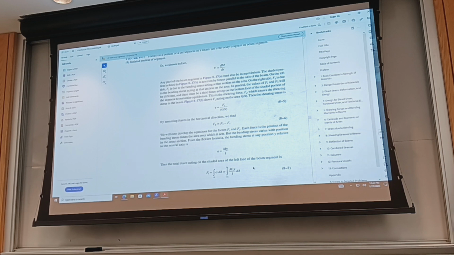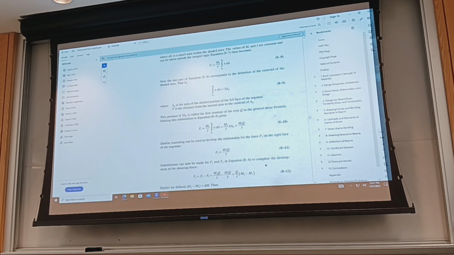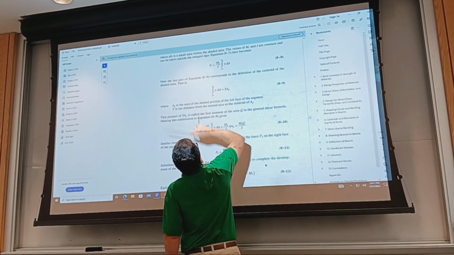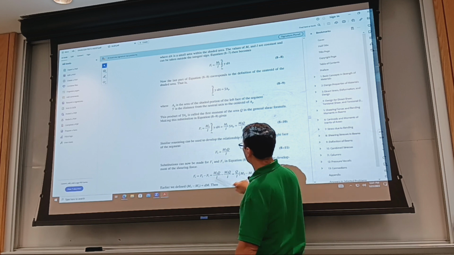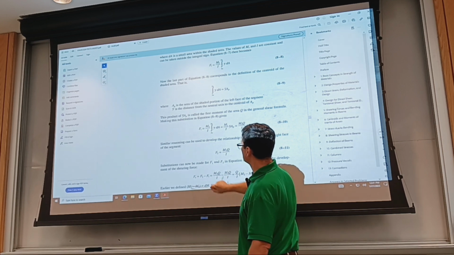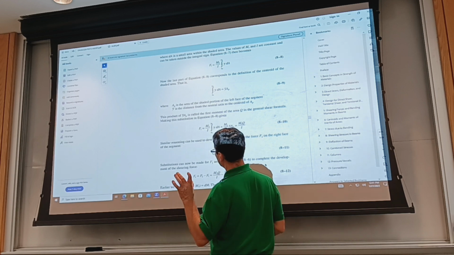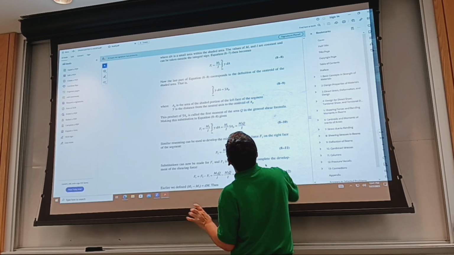So you integrate to get F1, you integrate on the other side to get F2, and it gets us this for F1. Again, there's an F2, and the difference between the two gives you the shear force, and shear stress is nothing but Fs divided by what? By dx times t. Okay.